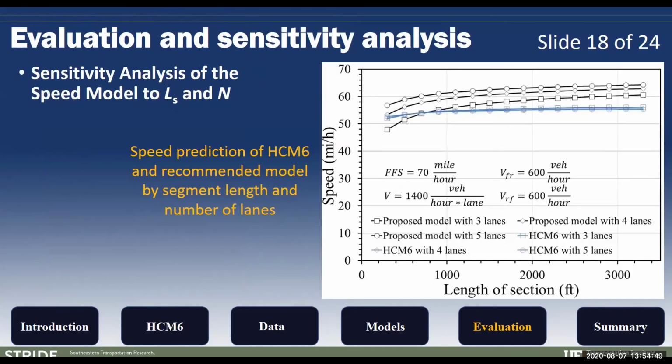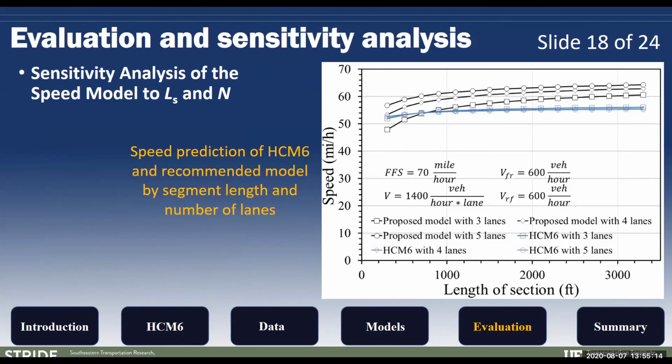Now, for the next few slides, I'm just going to show you very quickly some sensitivity analysis. The first one, which I alluded to earlier, is sensitivity to speed. You can see here, the blue lines represent the HCM predicted speed for different section lengths under the conditions shown inside the graph.